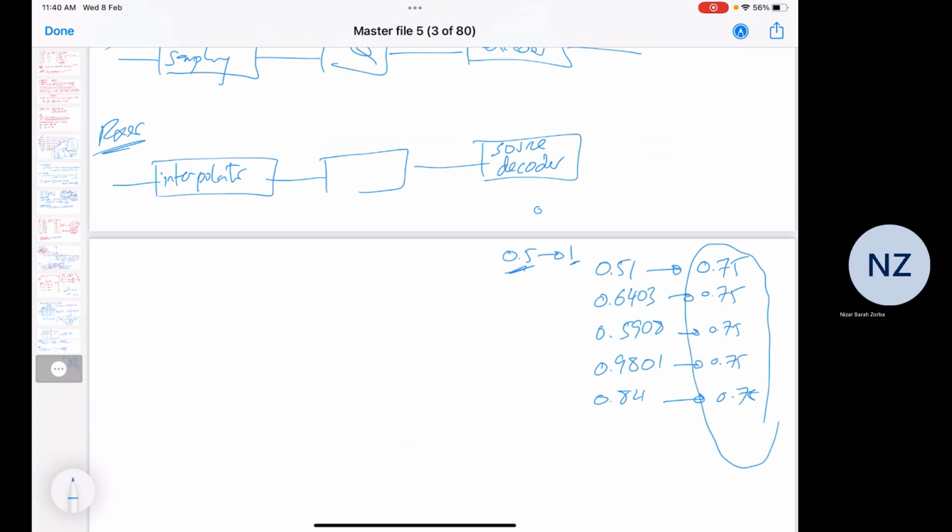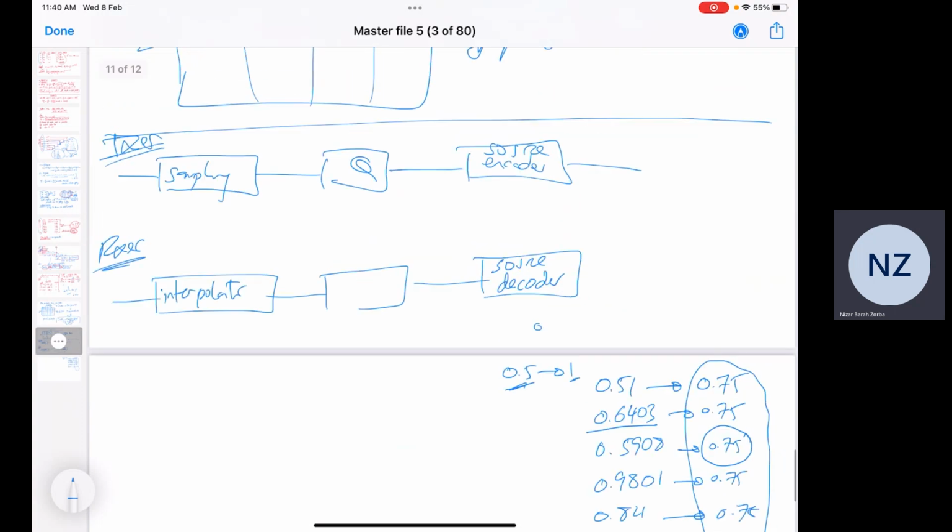So whenever you receive at the receiver 0.75, how will you know that whatever has been actually transmitted was 0.6403? It's impossible. Here we have an infinite number of options that we approximate to 0.75. Whenever they tell us that it is 0.75, there is no way to know what the original signal was.